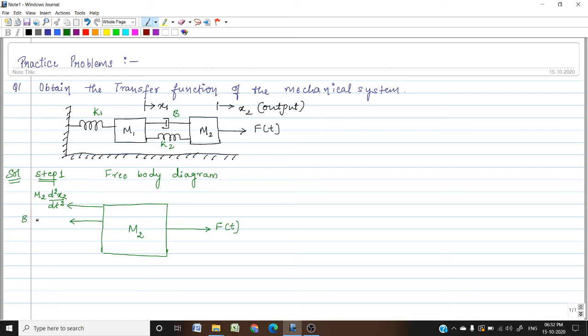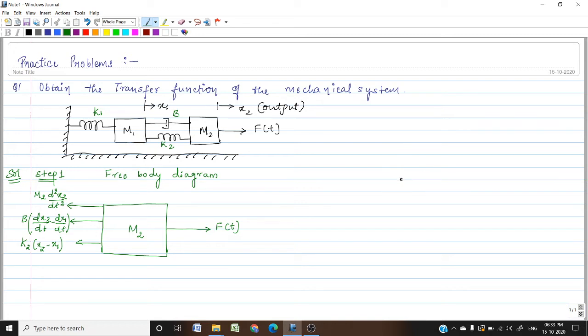It is b into (dx2 by dt minus dx1 by dt) within the brackets. Next, with respect to K2, we have K2 (x2 minus x1). So these are the different forces acting on mass M2.